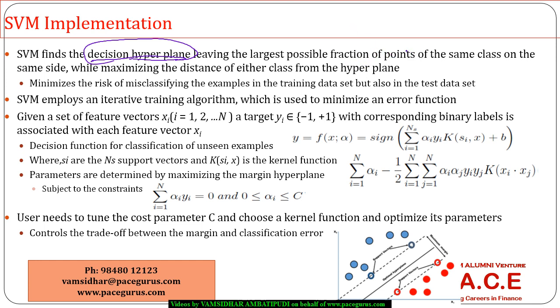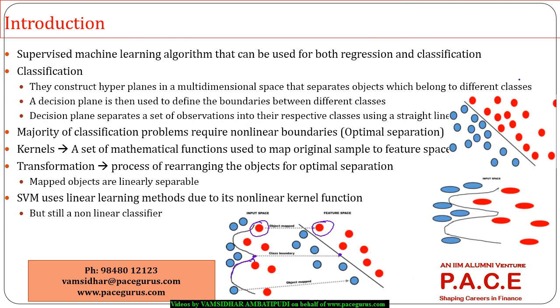Leaving the largest possible fraction of points of the same class. So if we are talking about two different classes, right here, I want to a large extent all the reds falling into this class, and the majority of the blues falling into this class.